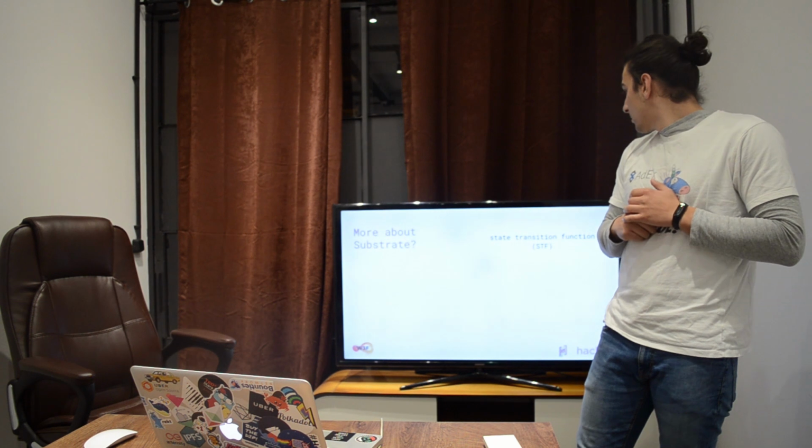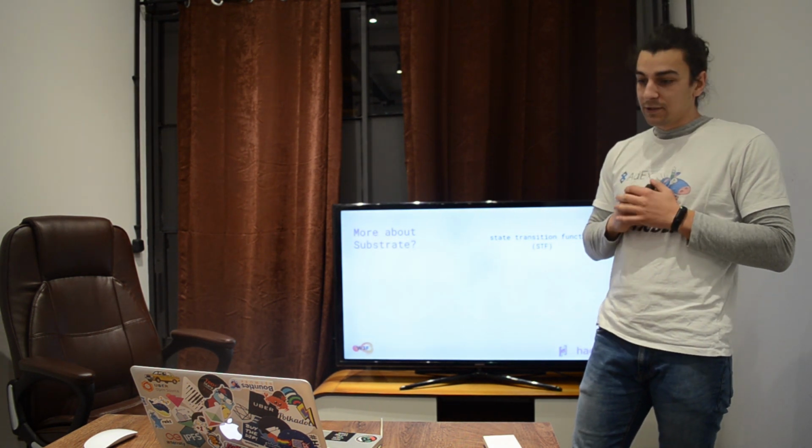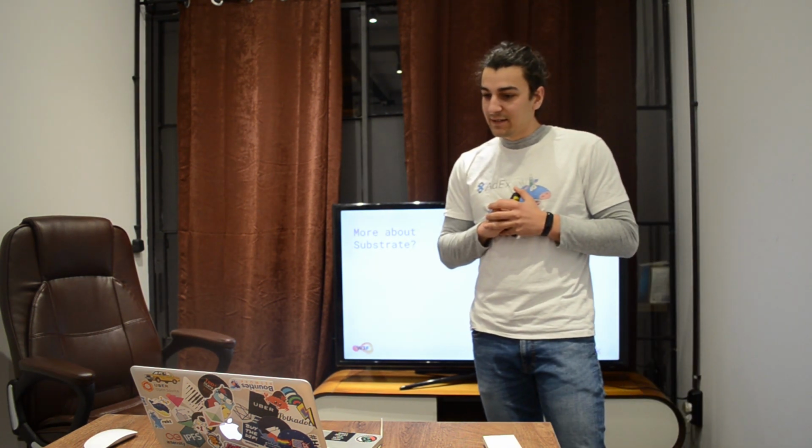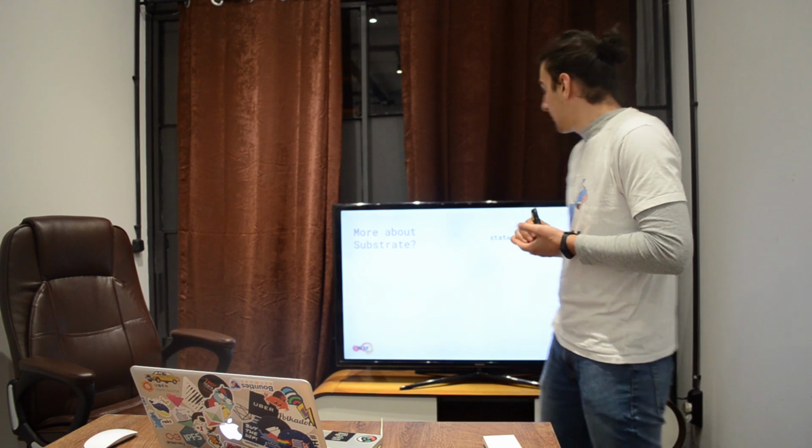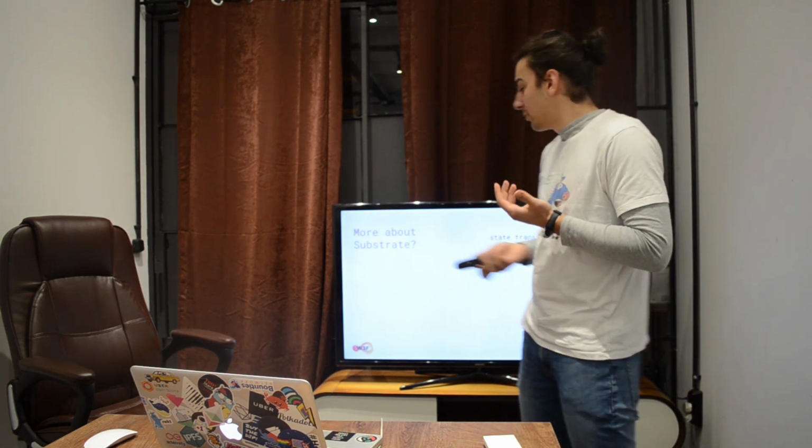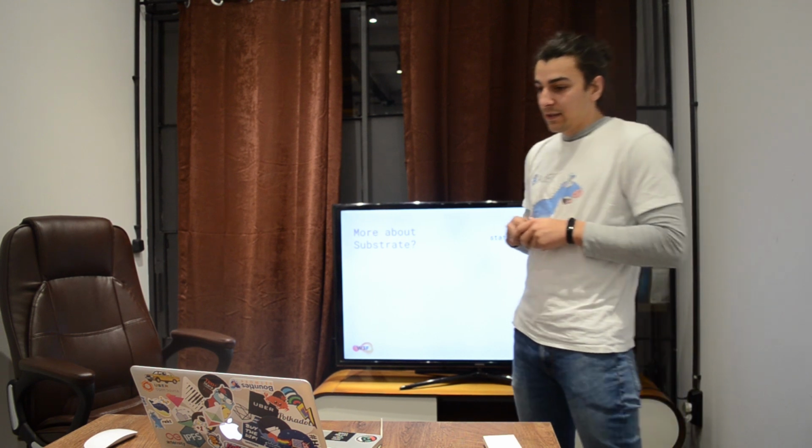So, what is a state transition function? Basically, this is, as I said, the business logic that comprises the blockchain. It's a feature set, capabilities, and limitations. Depends on who or what the blockchain is for.